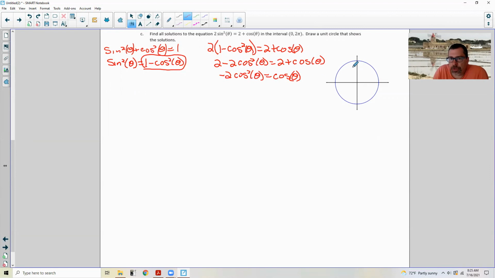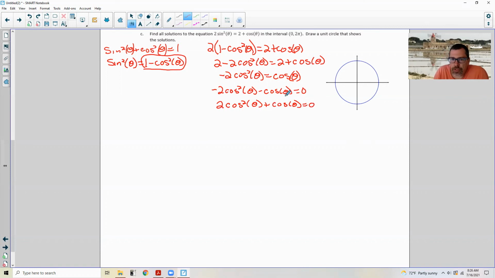All right. So now if I get those all on one side, it's going to be negative 2 cosine squared theta minus cosine theta equals 0. Okay, multiply all this by negative 1 and we'll get 2 cosine squared theta plus cosine theta equals 0.